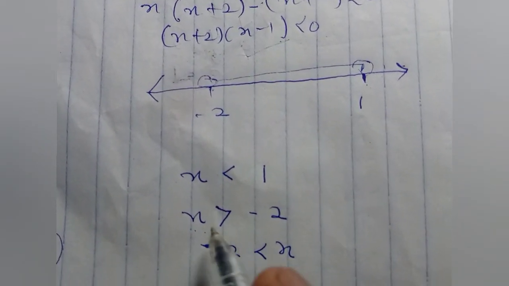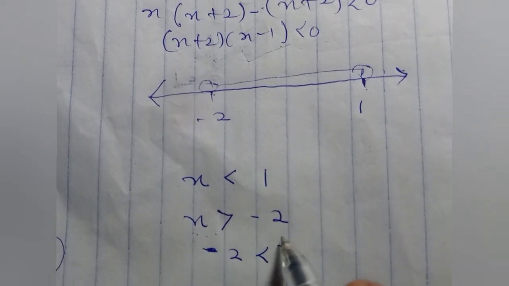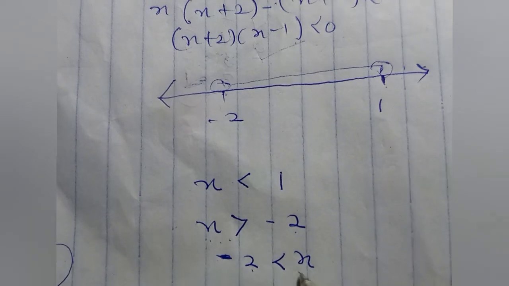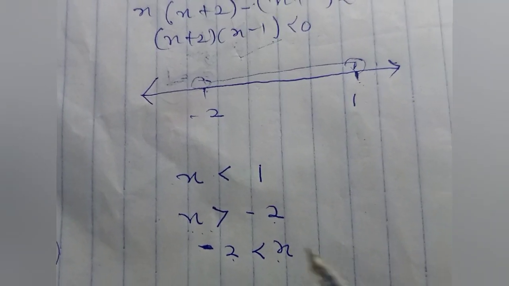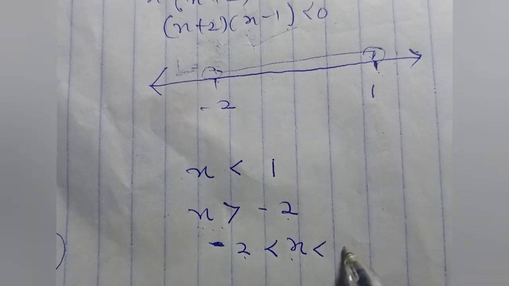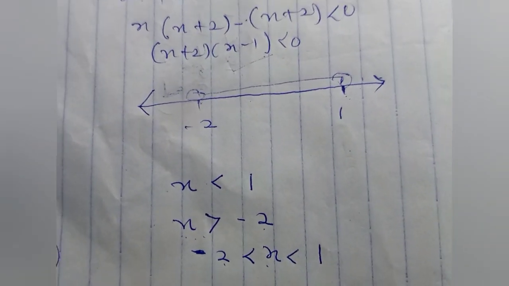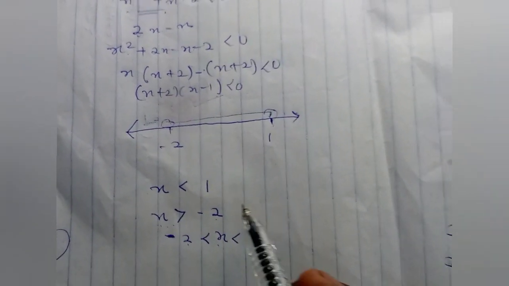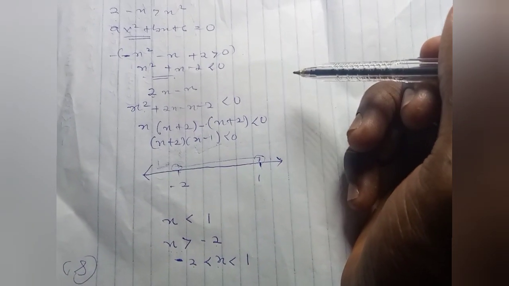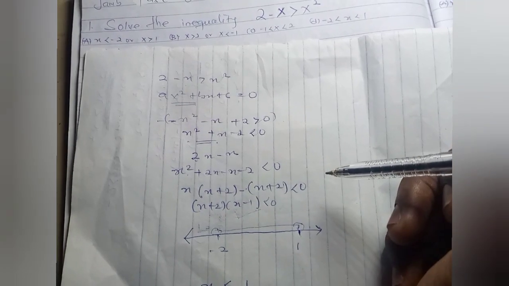You know why? x is bigger than negative 2, so negative 2 is smaller than x. This is the reverse. Now combining this, x is also less than 1. So this is the solution to this inequality: negative 2 is less than x, and x is less than 1 as well.